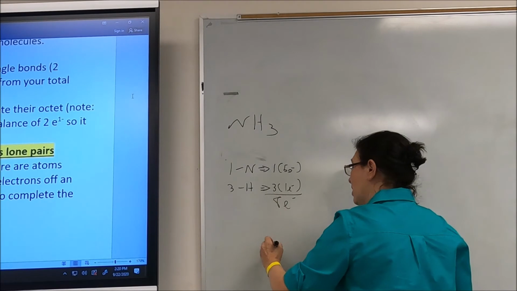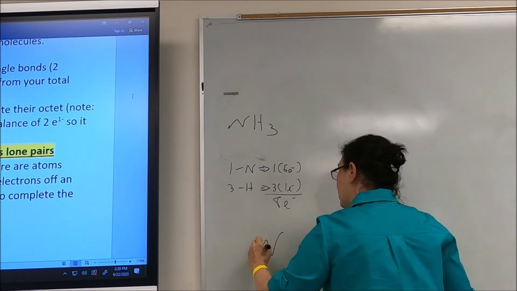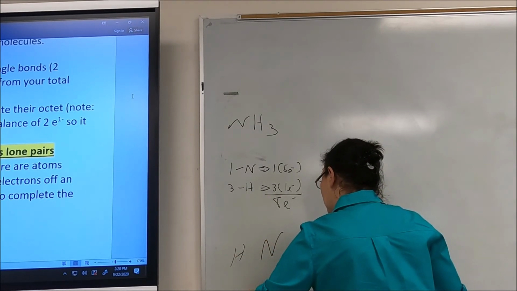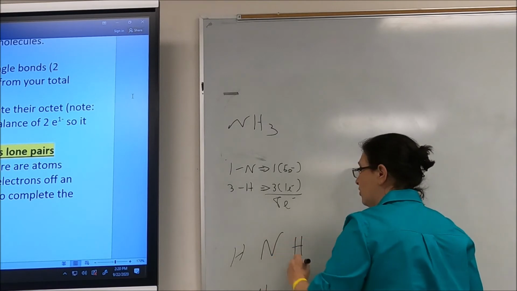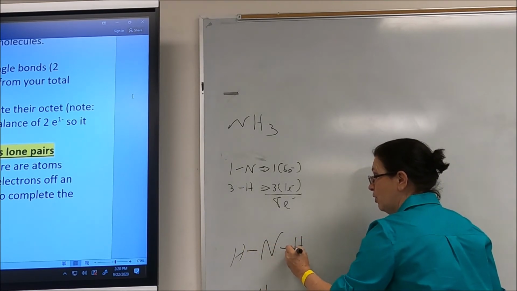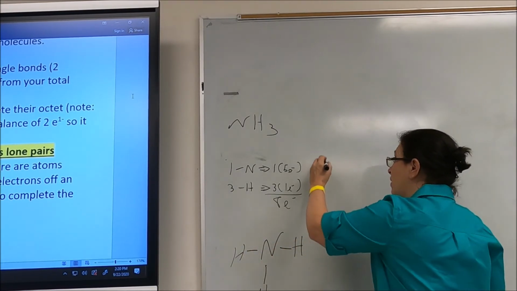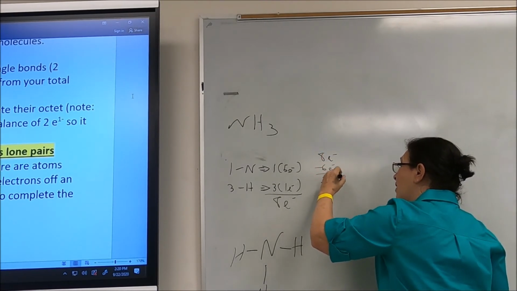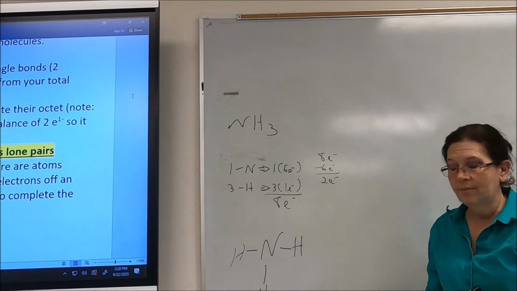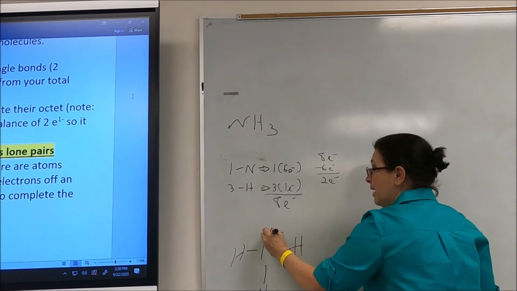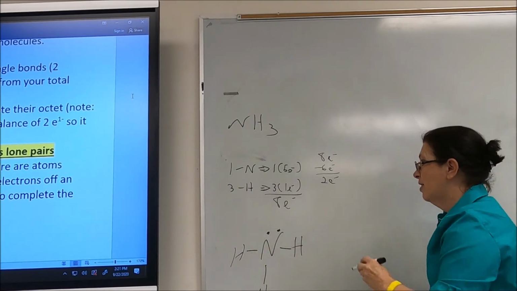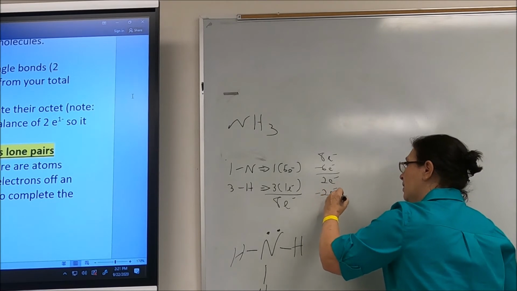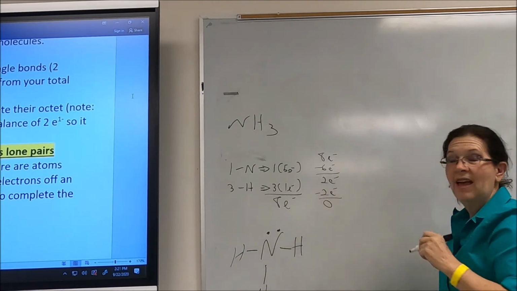Now between nitrogen and hydrogen, nitrogen goes in the middle. Hydrogen, hydrogen, hydrogen. I connect up 2, 4, 6. So 8 electrons minus 6 electrons. I've got 2 electrons left. They're going to be given as a lone pair of electrons to the nitrogen, minus 2 electrons, 0 electrons left.